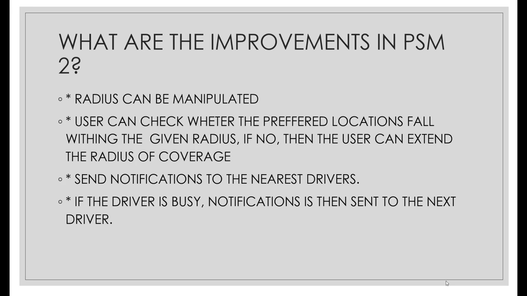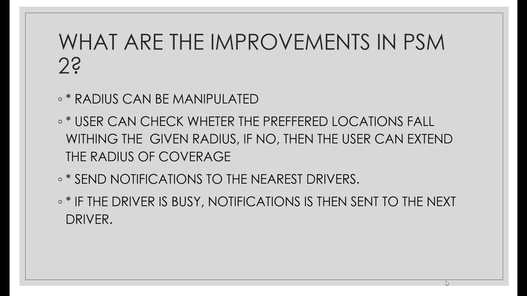Later on, if this application goes far beyond expectation, maybe this provision will not be there for the rider. It will be done by the admin. But as a startup application, we developed a simple interface where the rider can extend the radius.